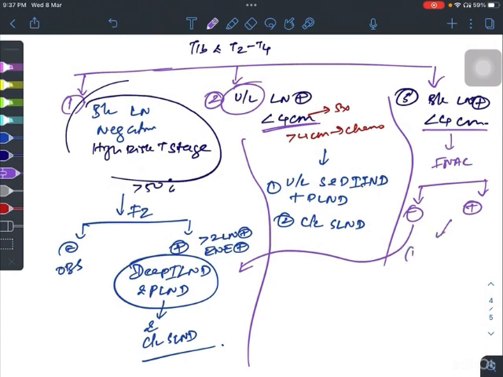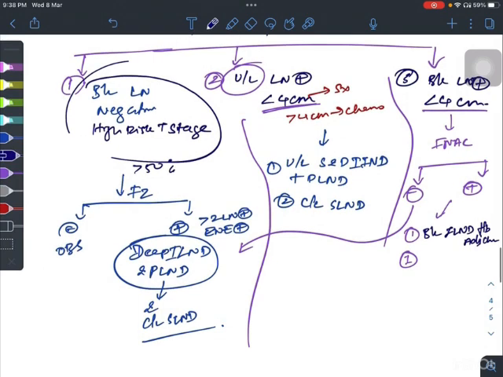What is option 1? We can go directly for bilateral inguinal lymph node dissection followed by adjuvant chemo. And option 2 is that we will give neoadjuvant chemo followed by lymph node dissection.